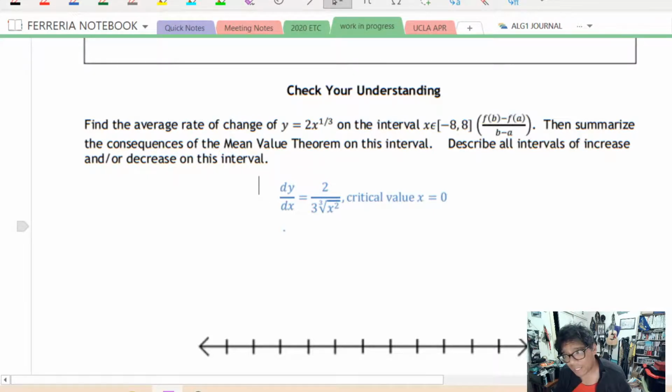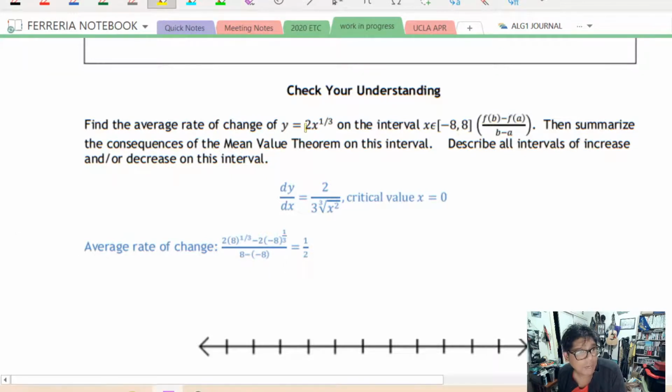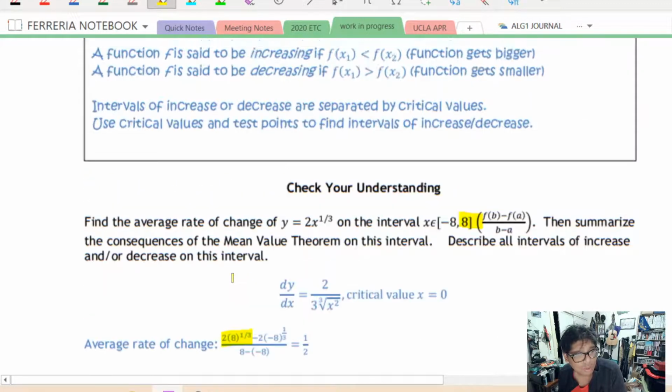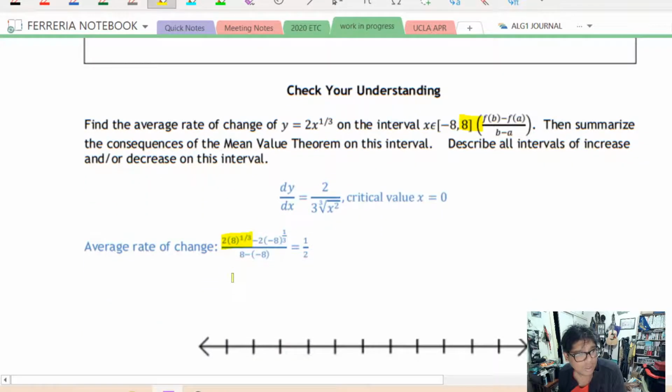All right, so the next thing we're going to do is find the slope of the secant line, which is the average rate of change. So when I substitute +8, I get 2 multiplied by 8 to the 1/3 power. Okay, 8 to the 1/3 power is 2, and 2 times 2 is 4.